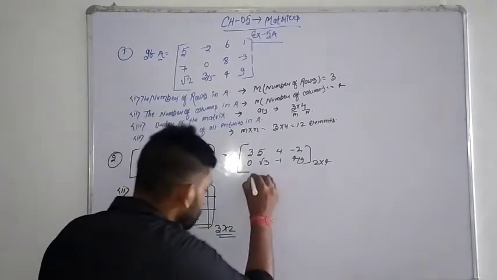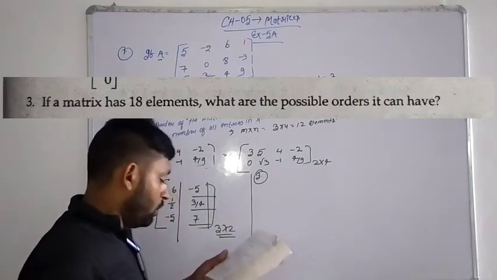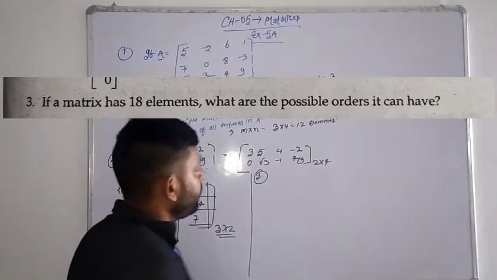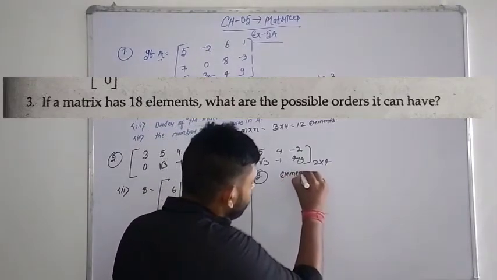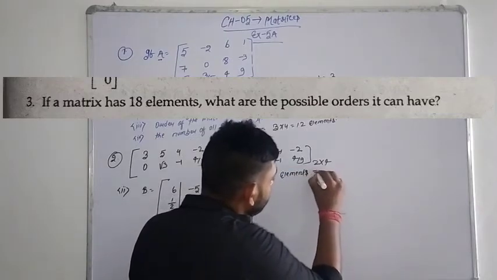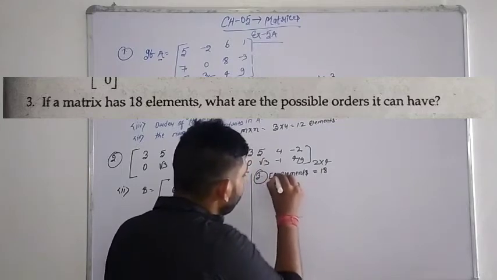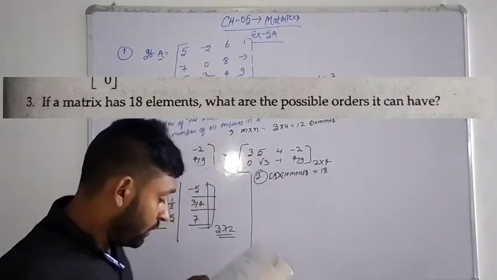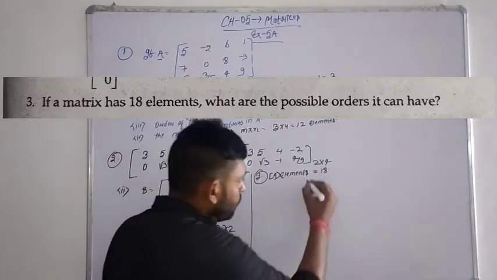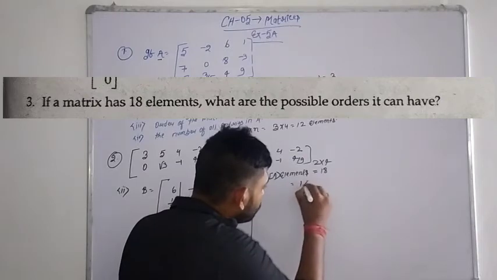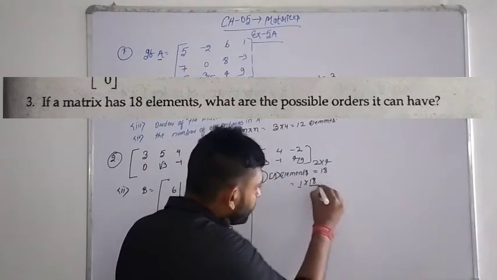Now problem number 3. A matrix has 18 elements. That means the number of elements of A is 18. So we have to write the possible orders. So now 1 into 18, that means 1 row and 18 columns.